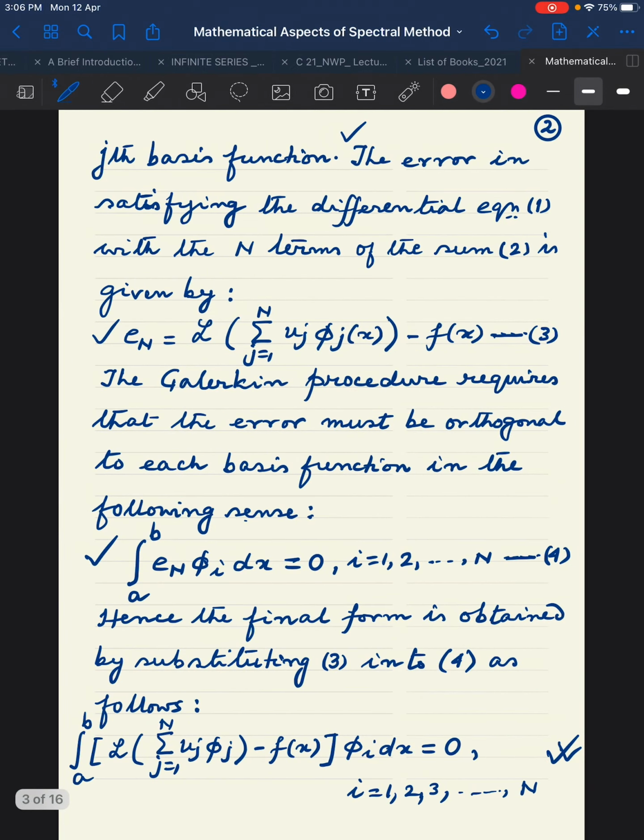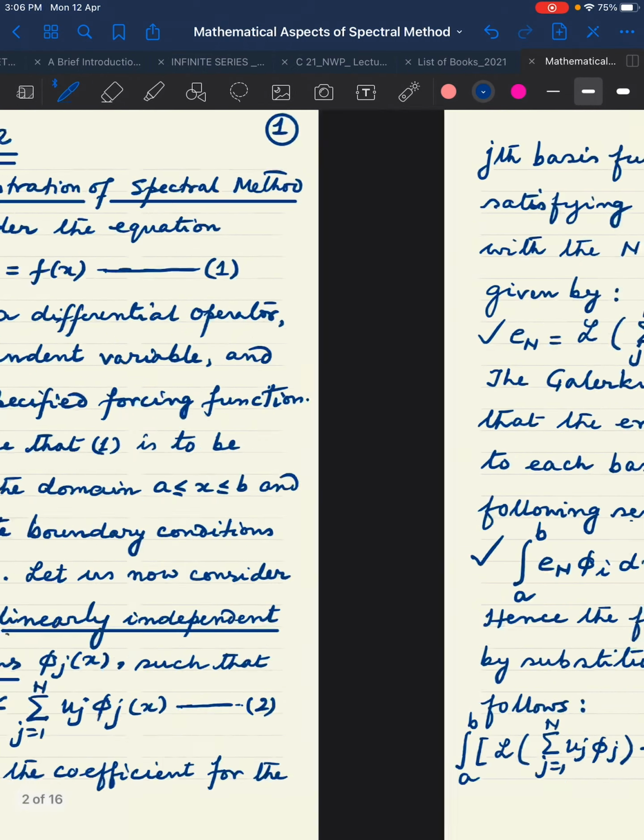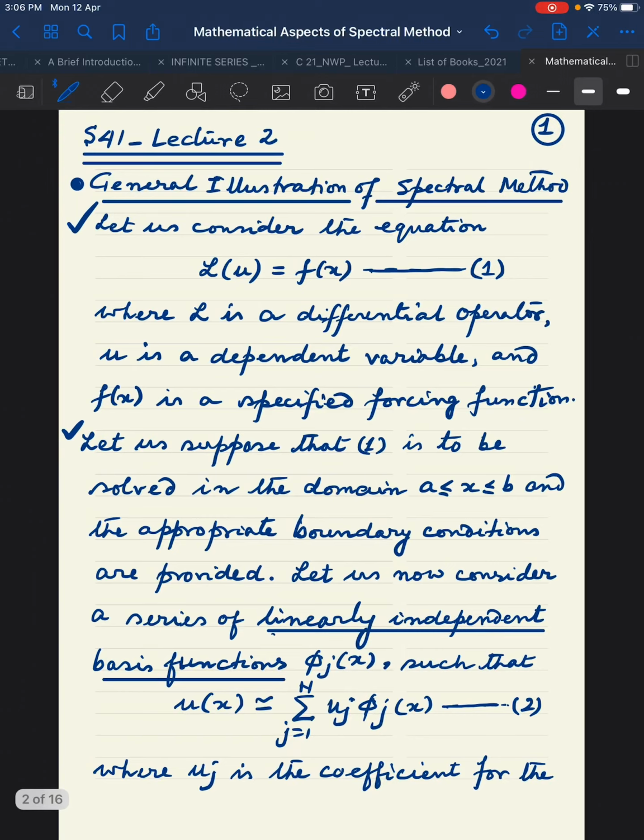Let me go back here. Our original equation was of the form L U equal to f(x), where f(x) is a specified forcing function and U is a dependent variable. And we have tried to express it in 2, as you see.